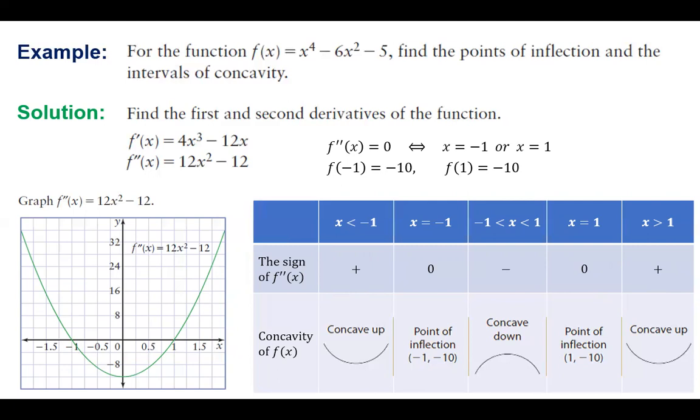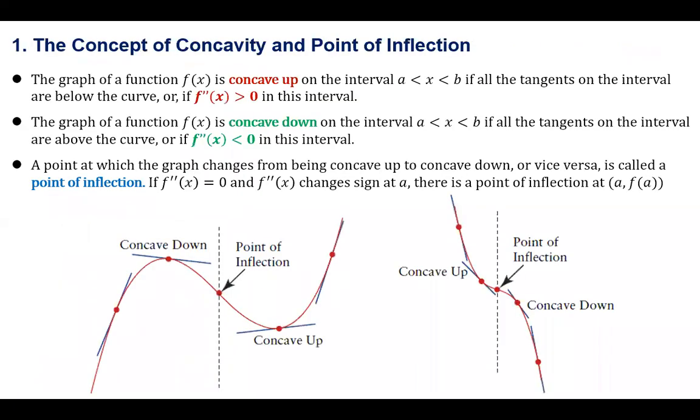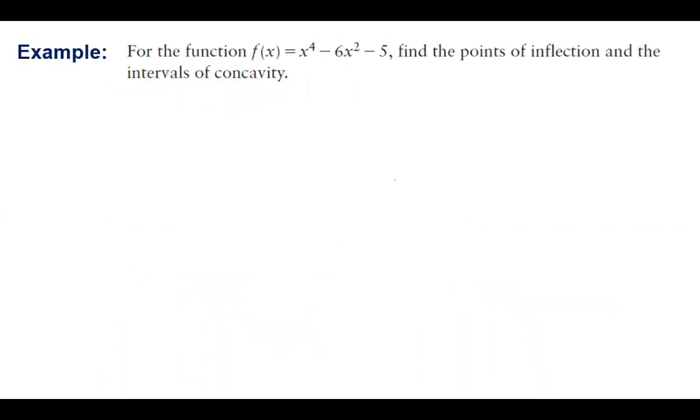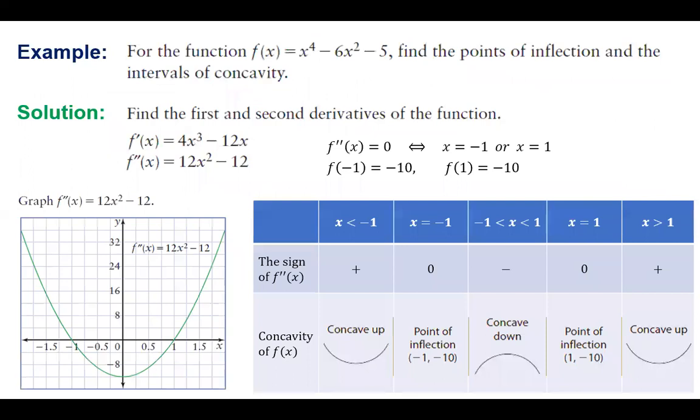Then let's check if the 2 points are points of inflection. In order to be a point of inflection, first of all, at this point the second derivative must be 0, right? The second condition is that there is a change of the second derivative sign at this point. Now let's check if this is true. At this point, the second derivative is 0, right?